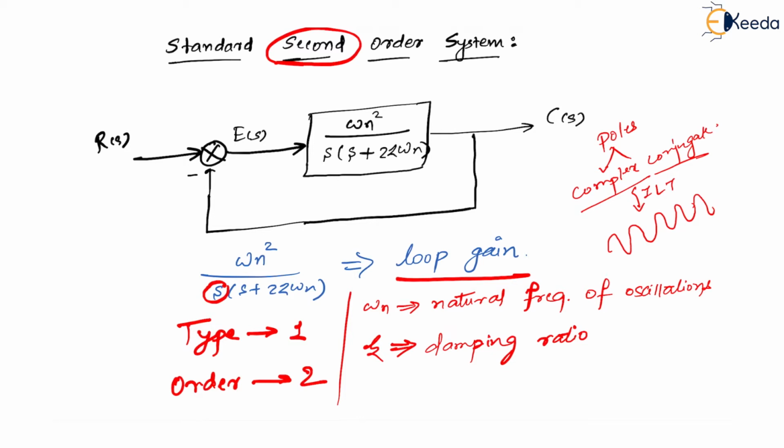So the frequency of these oscillations is nothing but our natural frequency of oscillation, which is omega n, correct? And this zeta is nothing but called as damping ratio. Means if these oscillations which are there die down at the end at infinity, for example oscillations are going to be there like this, correct?